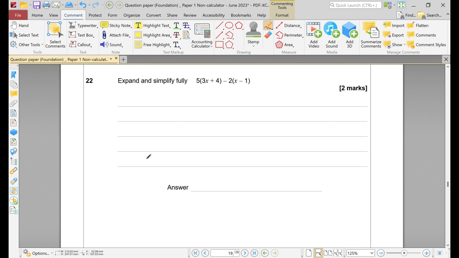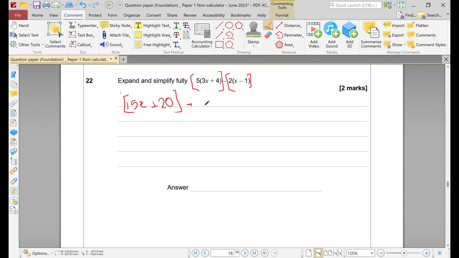Expand and simplify fully this. I'm going to split that into that and that. So left hand side, 5 times 3, 15x, 5 times 4 plus 20, and put it on that side.